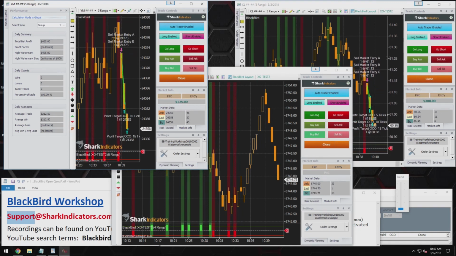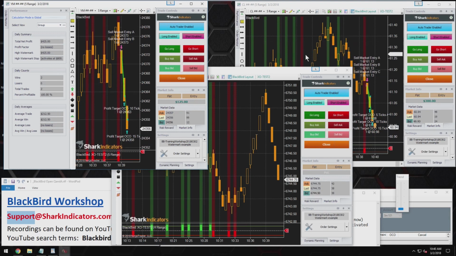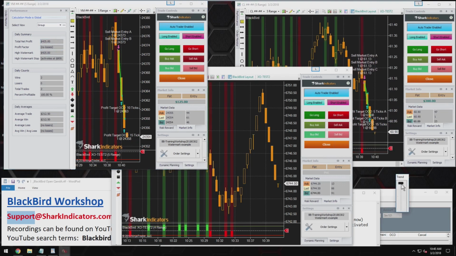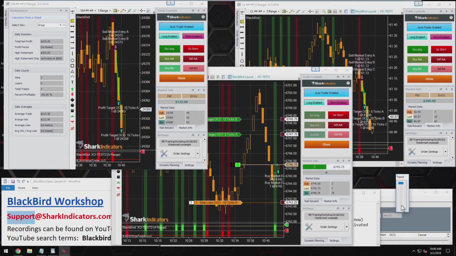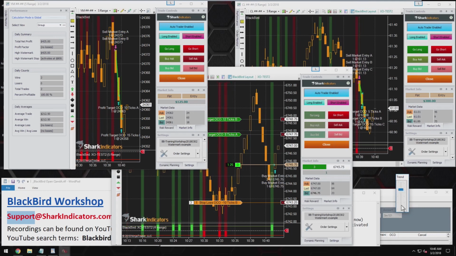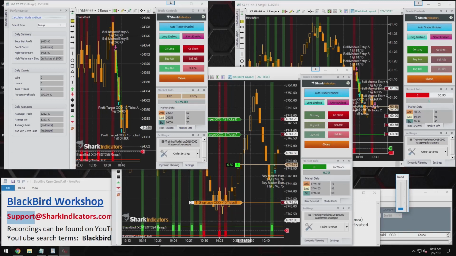All right, so it looks like oil and the YM, both of those trades are off, so it looks like we're halfway there to our $800 goal here. All right, so let me set up another trade signal, and it looks like NQ just went long here, so hold on.